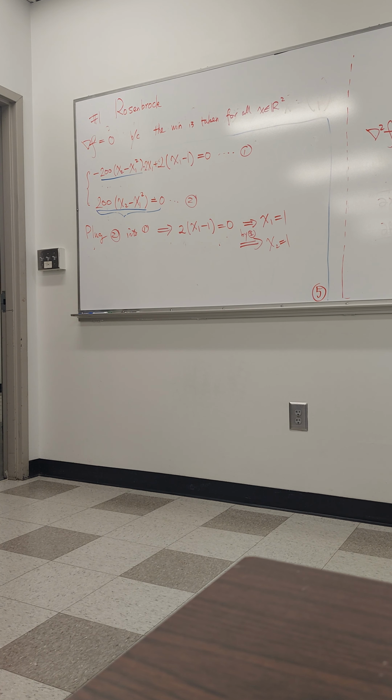Maybe not chain rule, maybe we just expand it. So here what we have is minus 400 x2 x1 plus 2x1 cubed plus 2x1 minus 2.